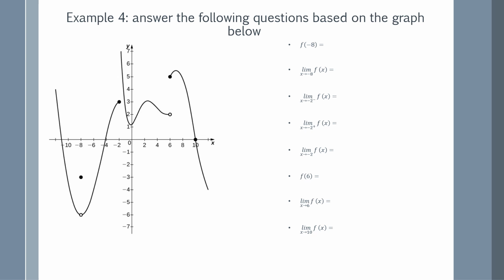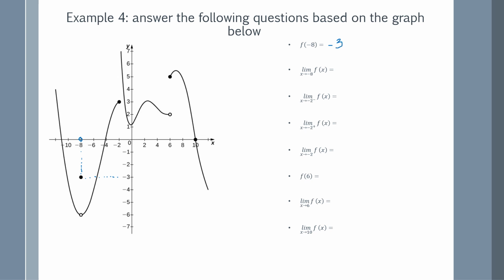I'm going to find -8 on the x-axis, project it, and work with the solid dot that represents the value of the function at x equal to -8. If I project it onto the y-axis, we get -3. So f evaluated at -8 is equal to -3.